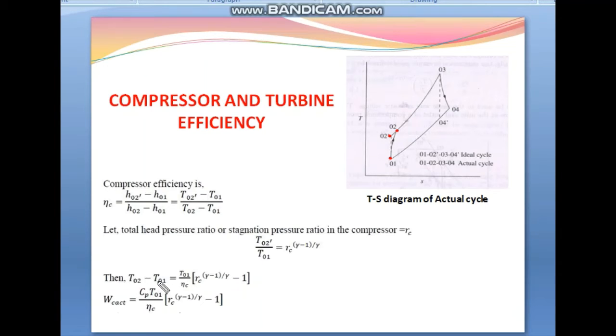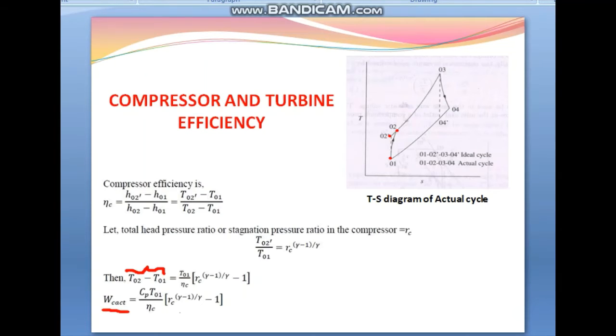We know the work done formula is m Cp dT. For unit mass flow rate, m is 1, and by multiplying Cp with this temperature difference, T2 and T1, we get the actual compressor work done.